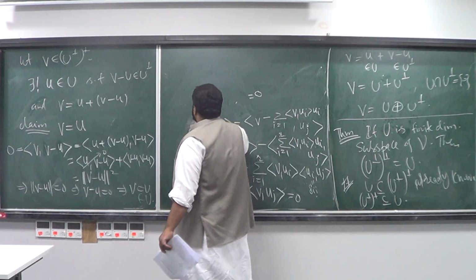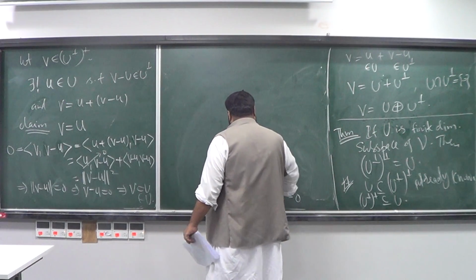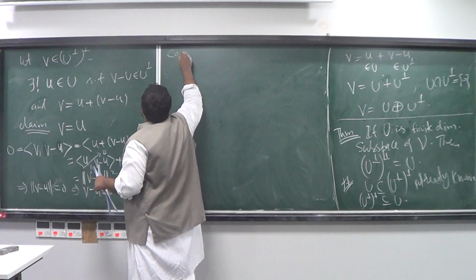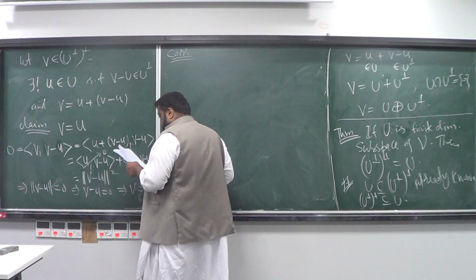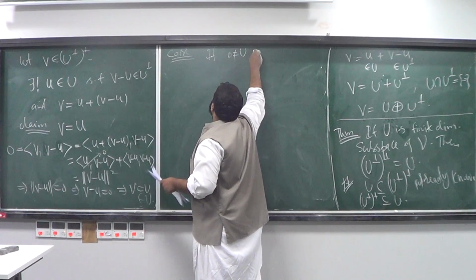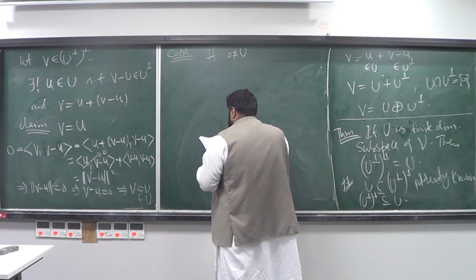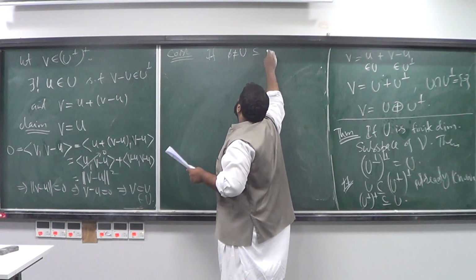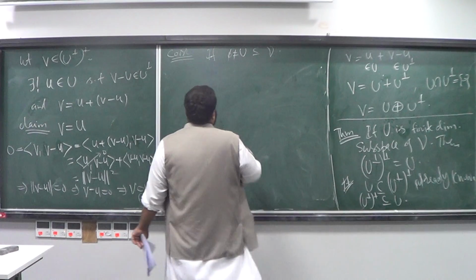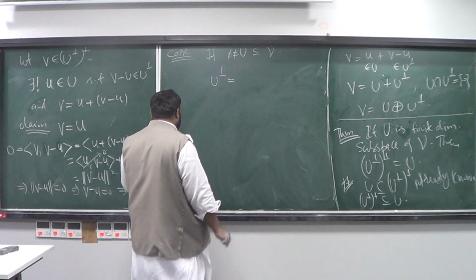One interesting corollary to this result is that if U is a non-empty subset of an inner product space, then U perp perp is not something new actually.